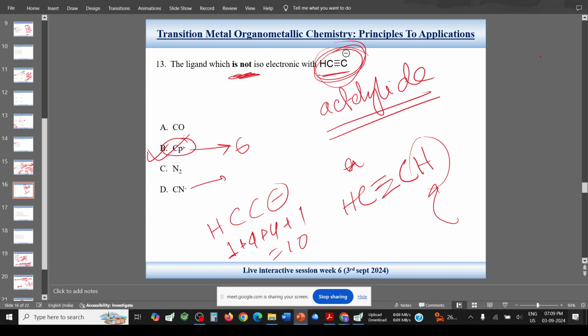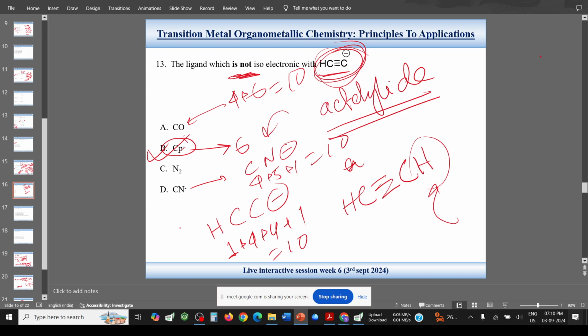For CN minus, carbon is 4 plus 1 electron, nitrogen is 5 plus 1, that is 10. We are only considering the valence electrons. Then CO, carbonyl: carbon is 4, oxygen is 6 valence electrons, that is also 10.